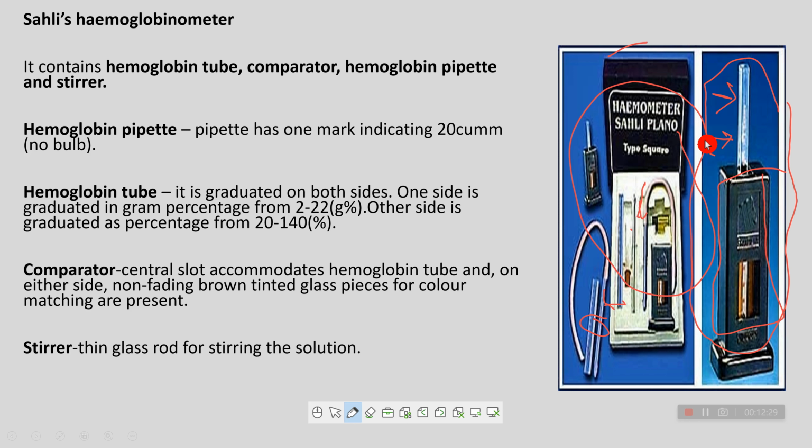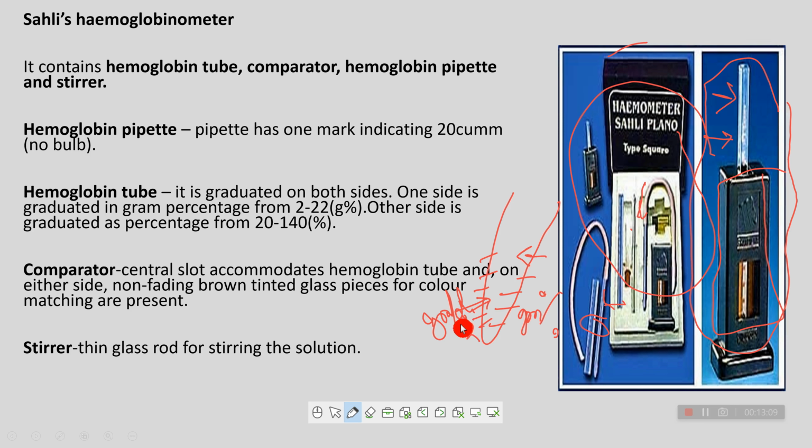This is the hemoglobin tube, hemoglobin glass tube. It is graduated on both sides. It has marks on both sides. On one side of the glass tube, the marks are in gram percentage, and on the other side, the marks are given in gram per deciliter.